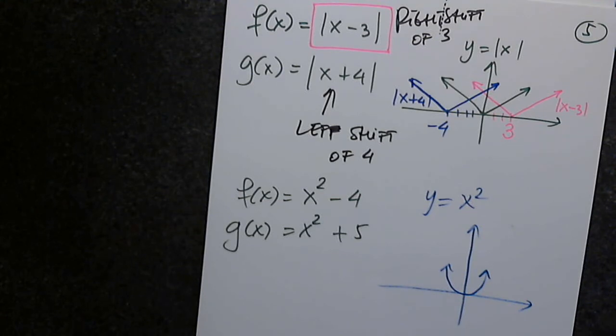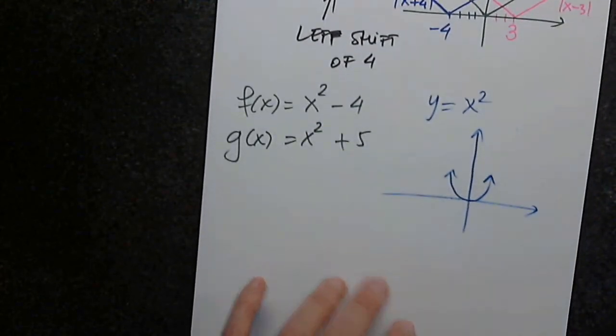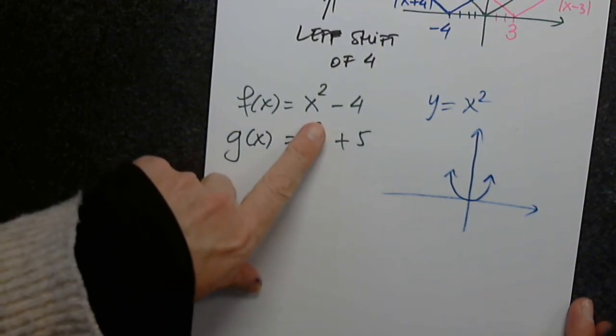No, I'm not changing x. It's the same x squared in both. But if I'm not changing x, it means that I cannot change both at the same time. If I'm changing x, I'm not changing y, and vice versa. So what am I changing then if I'm not changing x? I'm changing y.